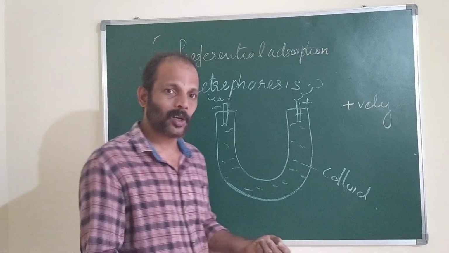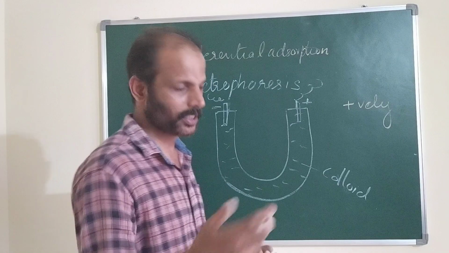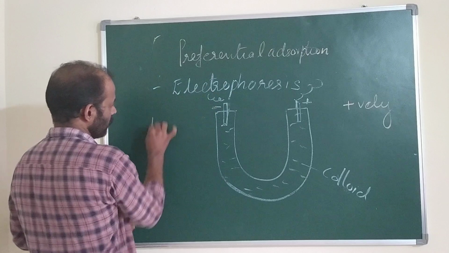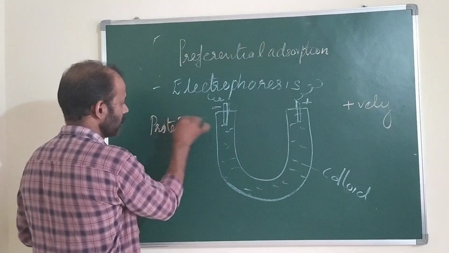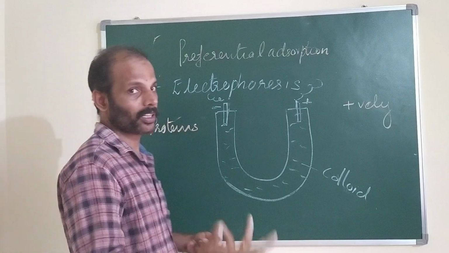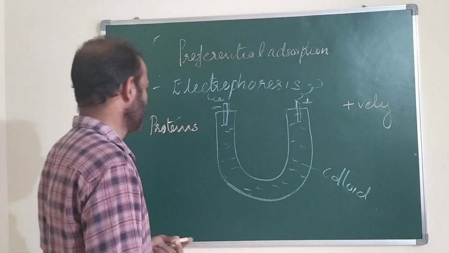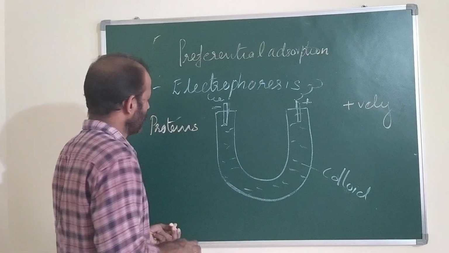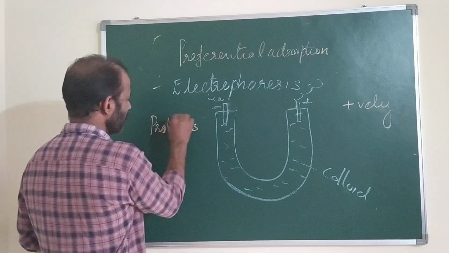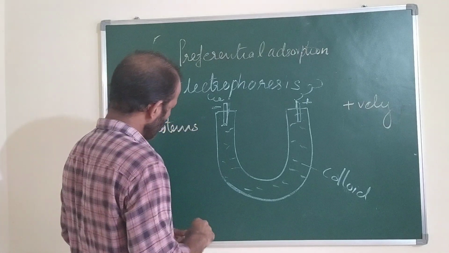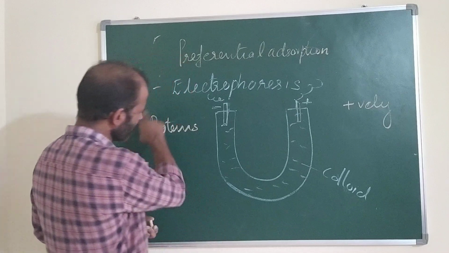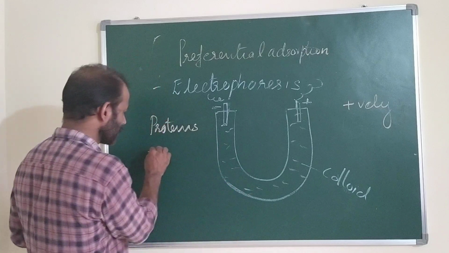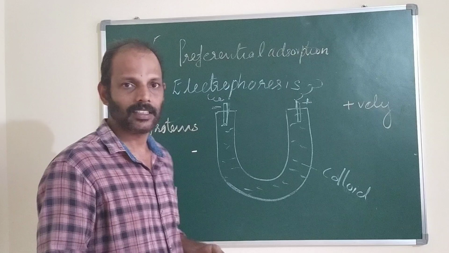And suppose our colloid is proteins or biomolecules. We know proteins are amphoteric in nature. A protein is made up of amino acids, so both positive and negative parts are there.